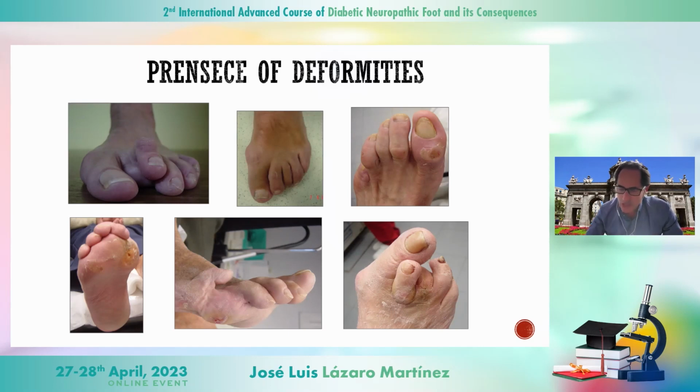Take off your shoes and look: is it possible to identify any healthy people around you without any deformities in the foot? What happens with the diabetes patient is absolutely the same. So probably deformity is present before the diagnosis of diabetes type 2, or at least is present in around 60–70% of patients. If you add diabetes type 2, you are adding neuropathy, which means a higher risk for developing an ulceration.